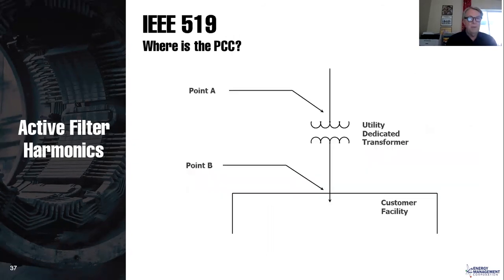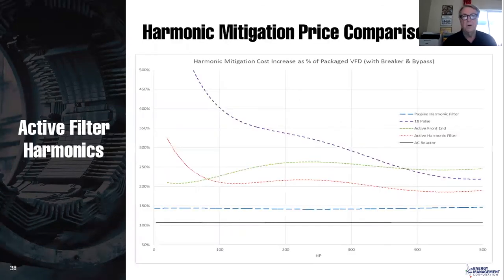So an example here, we'll show you our transformer that's dedicated, and if there are no customers connected on the load side of that transformer, then our PCC is going to be on the line side of that transformer, and that helps us quite a bit because our short circuit currents tend to be higher up there, and therefore we'll get a more lenient situation on the harmonic correction.